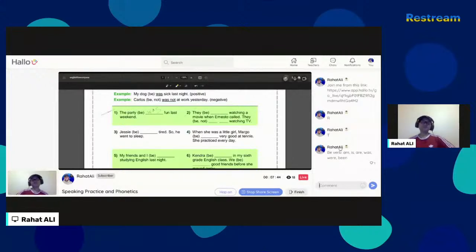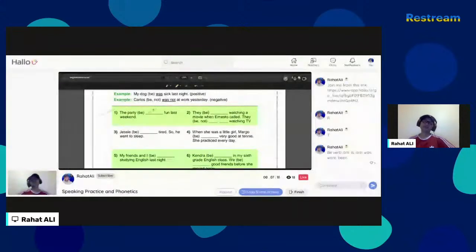Soft. So they were watching movie when Ernest called. Remember, we used were because Ernest called was a past event or past incident. Okay, once again, they be in bracket watching movie when Ernest called.